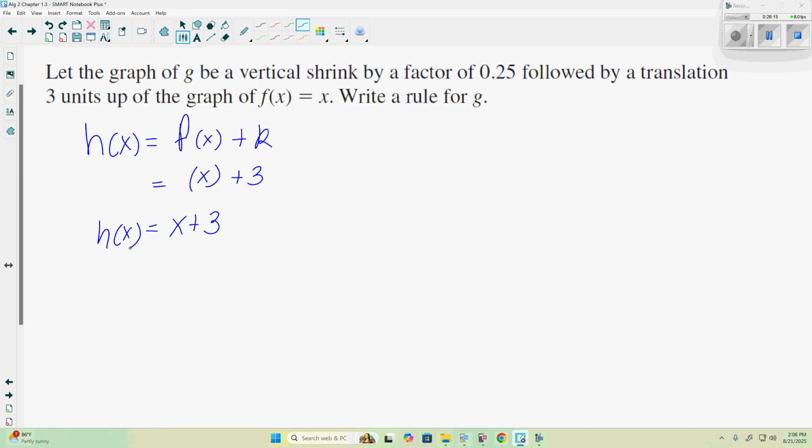Okay. Then we can move on to our g of x. A vertical shrink by a factor of 0.25. Vertical stretch and shrink's general form is a times f of x. Our value of a would be 0.25, and we'd be multiplying it by our function f of x.